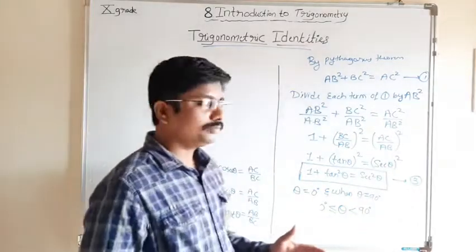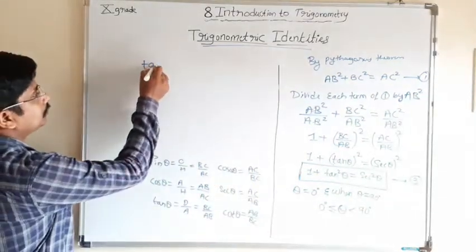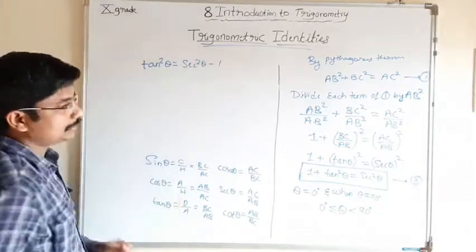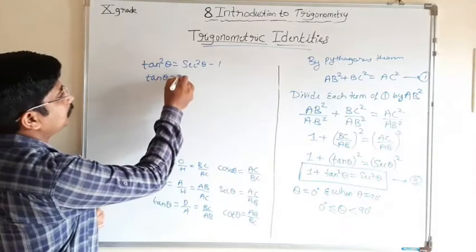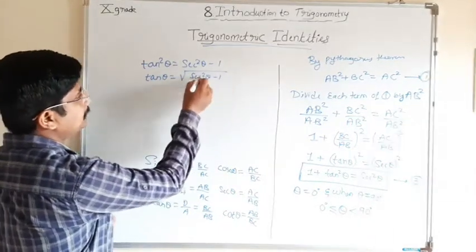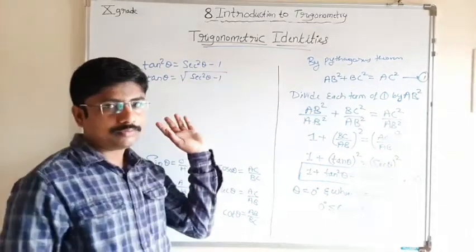It follows from 3 that tan square theta is equals to sec square theta minus 1, or tan theta is equals to under root sec square theta minus 1. We consider it a positive square root.